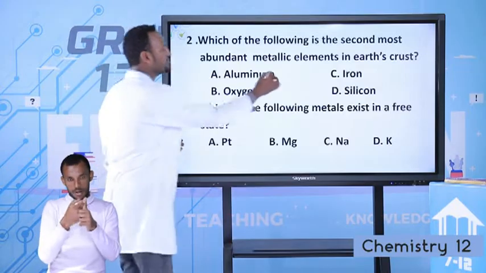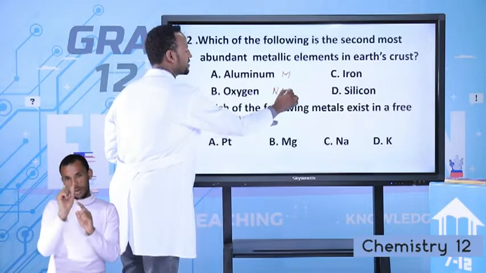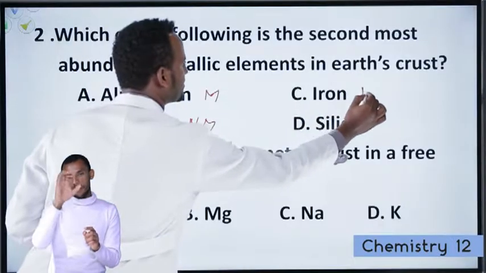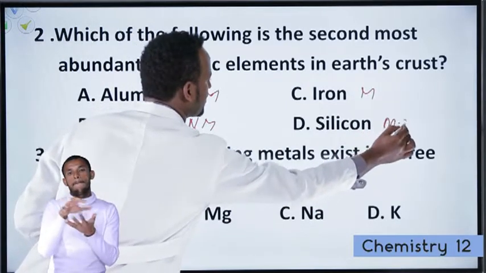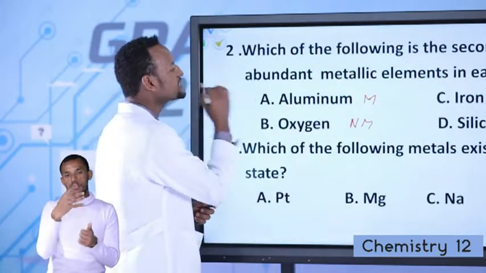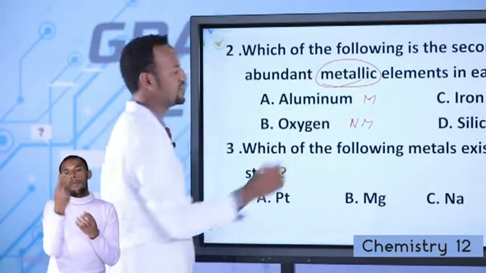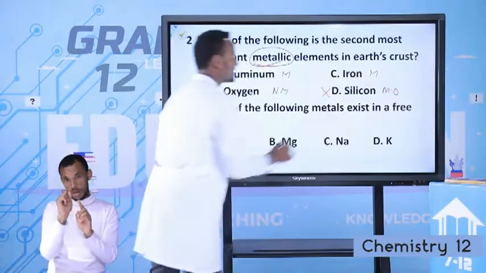First, aluminium is metal, oxygen is non-metal, iron is metal, a transition element, silicon is metalloid. The question is, which is the second most abundant metallic element? Therefore, oxygen is not the answer. Silicon is not the answer.